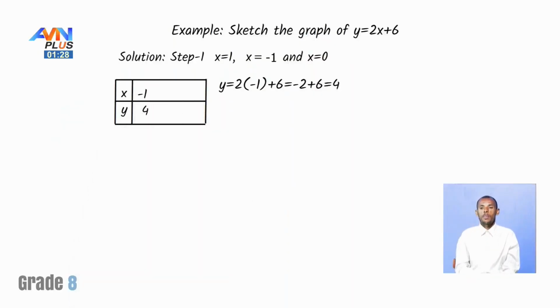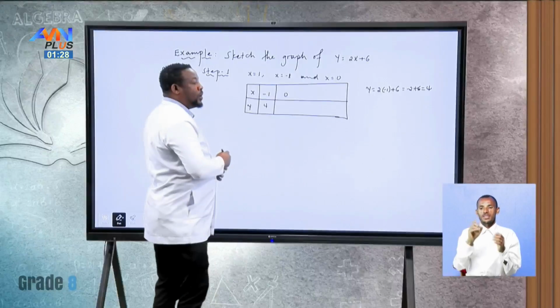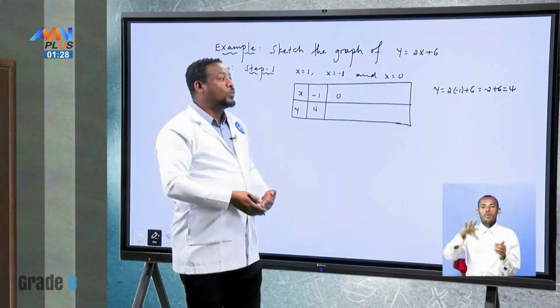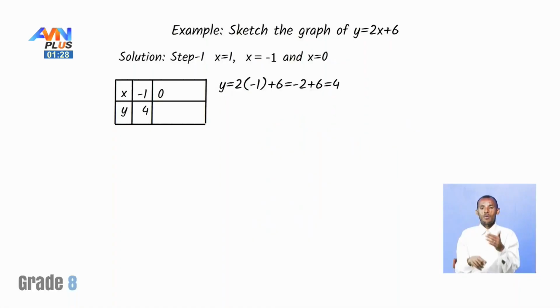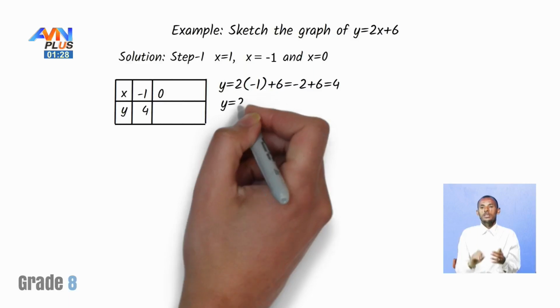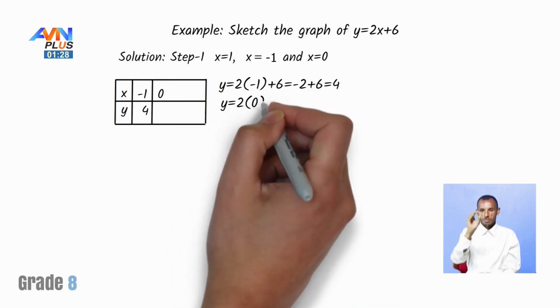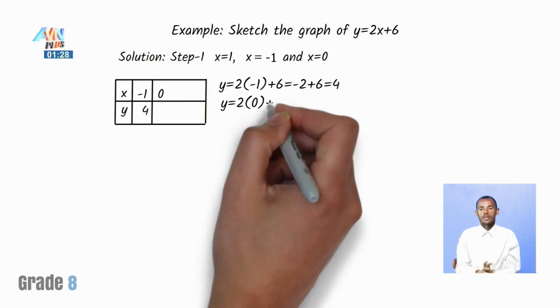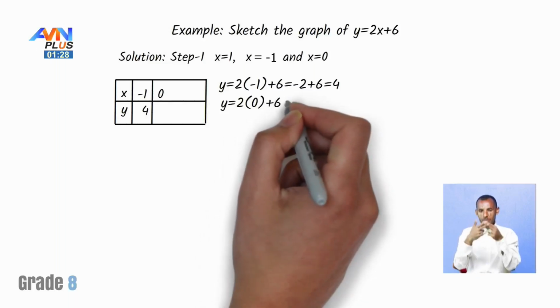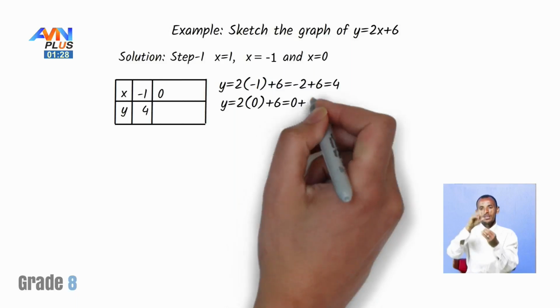Okay, take again x = 0. Whenever x is 0, we will obtain a certain y value. So substitute x = 0 in the function, then the result becomes 2 times 0 plus 6. Okay? 2 times 0 is 0, and 0 plus 6 is 6.